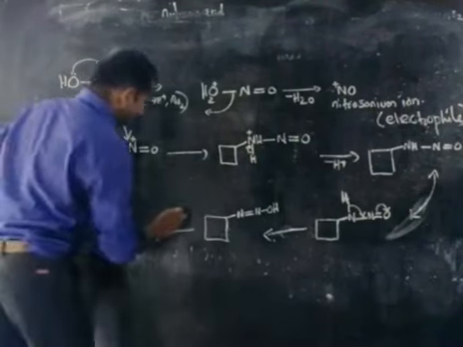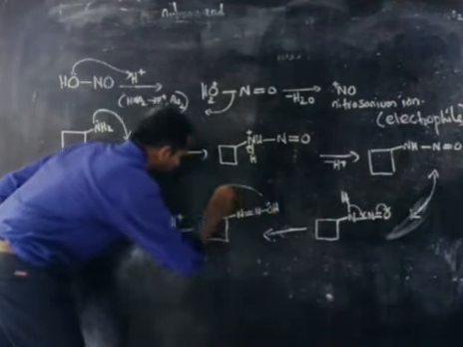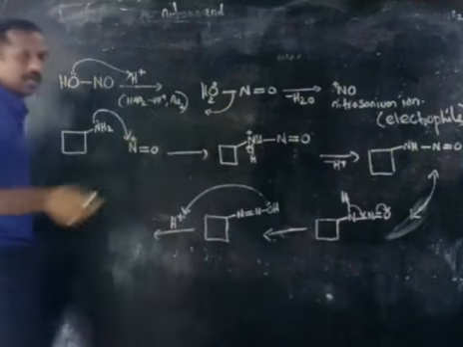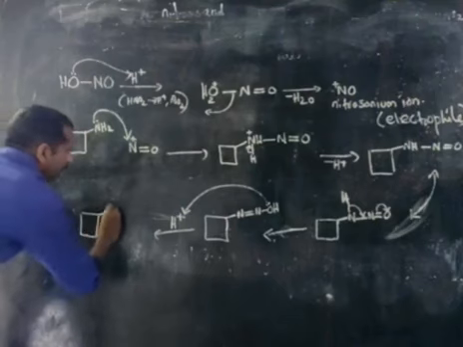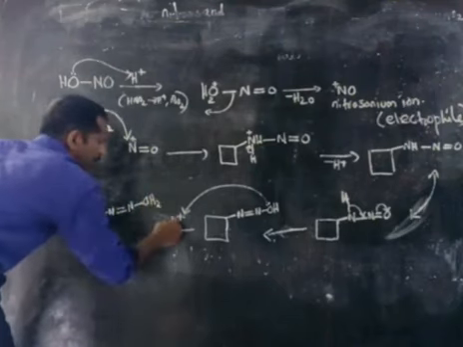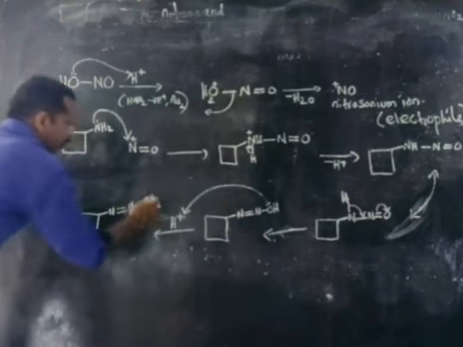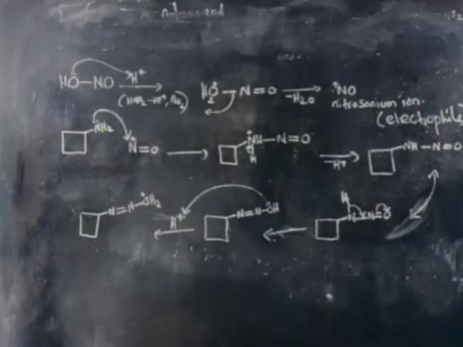This lone pair of electrons will attack another H plus ion, and you get a structure like this: N double bond N, OH2, with a positive charge.